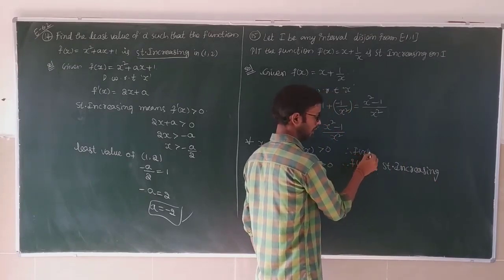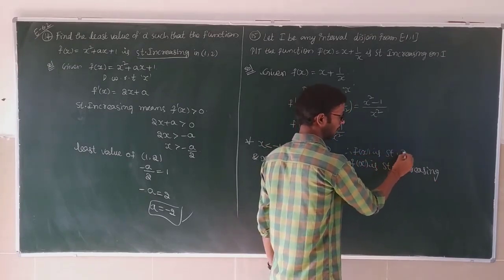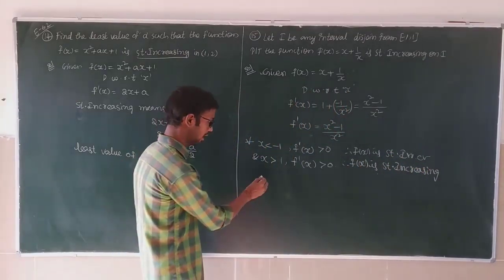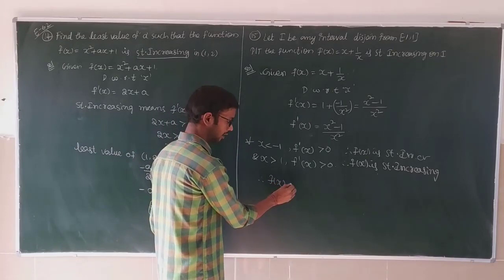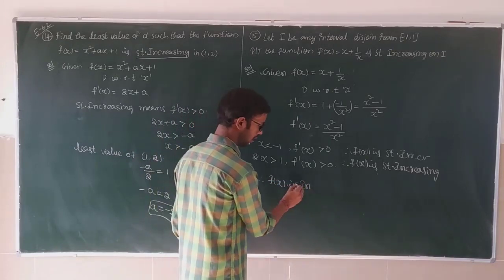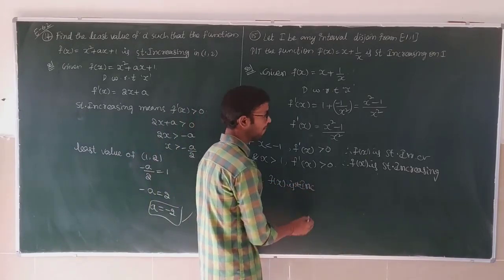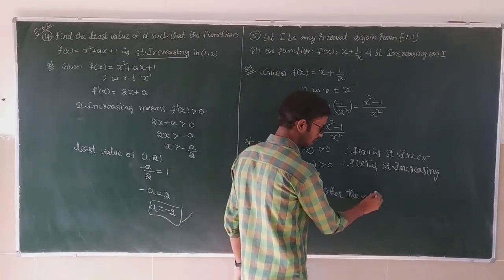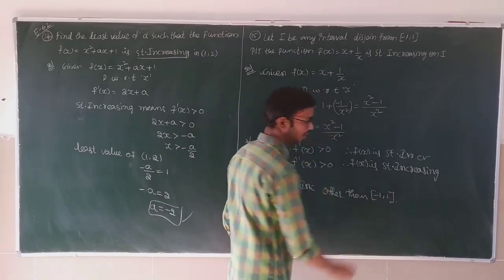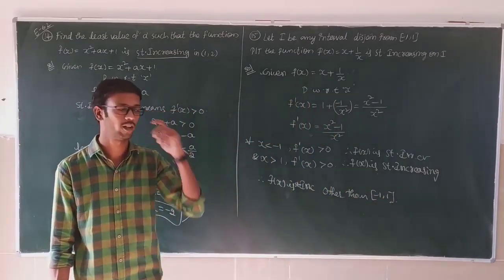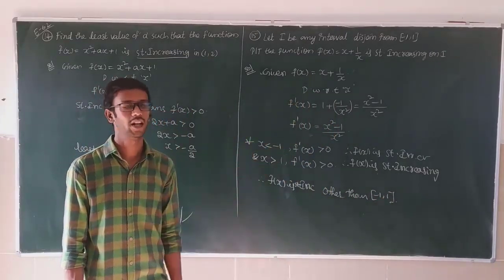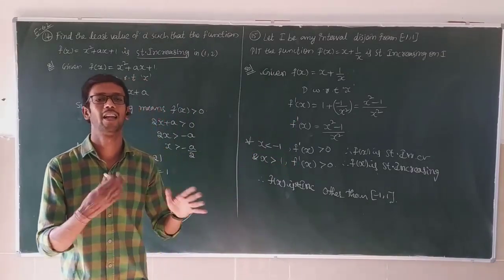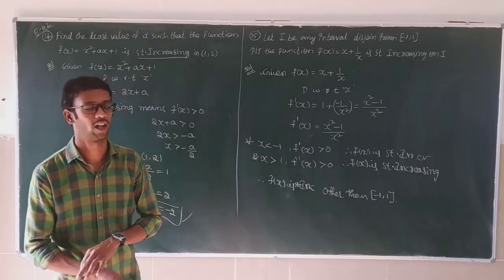So f of x is strictly increasing other than minus 1 comma 1. We are taking everything other than minus 1 comma 1, and in all those places it is strictly increasing. That is what we have to do. Disjoint means different, other than the closed interval minus 1 comma 1.